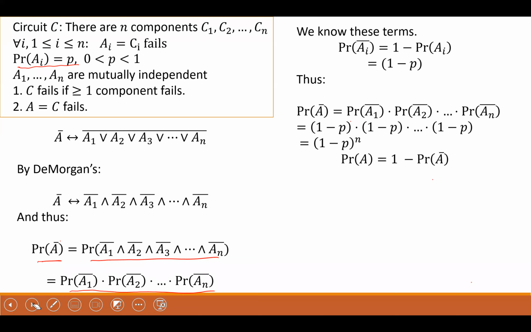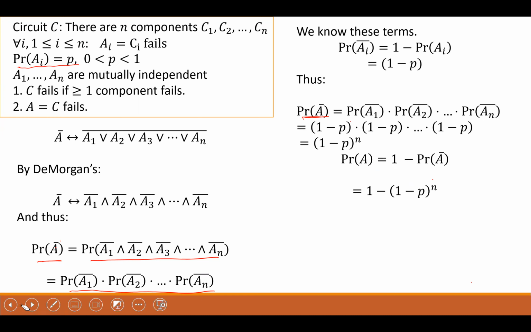Now, this is my probability that the circuit does not fail. So the probability that the circuit does fail is 1 minus (1 minus P) to the power n. There are ways to simplify this using approximations, but this is good enough for now.